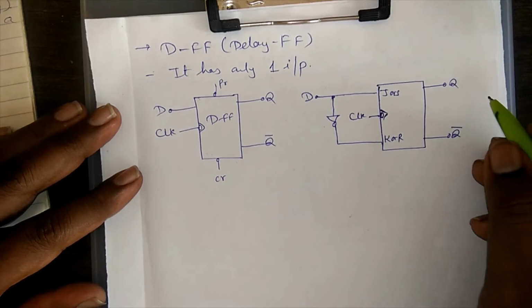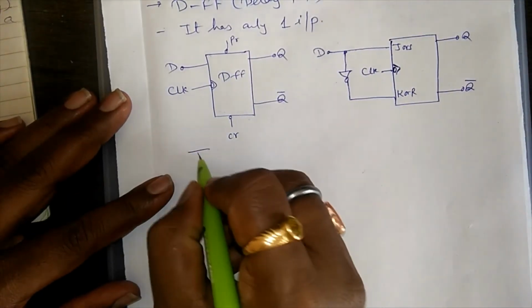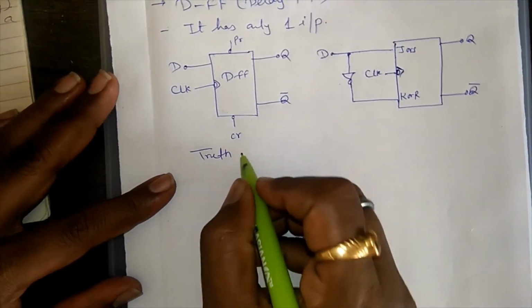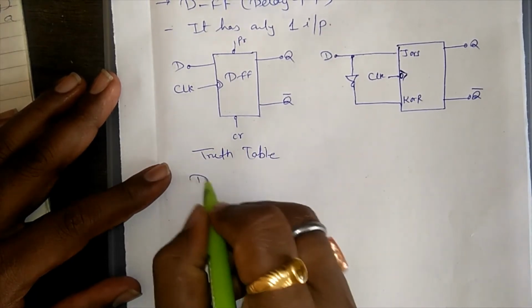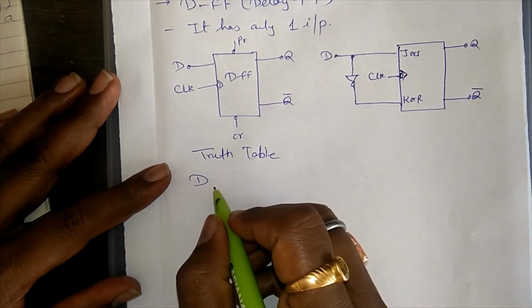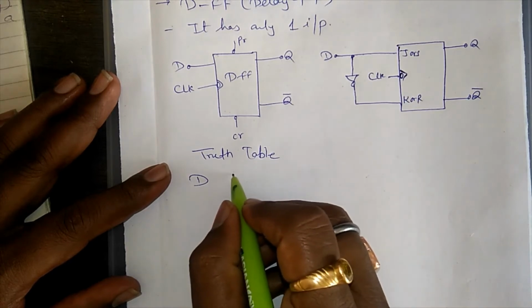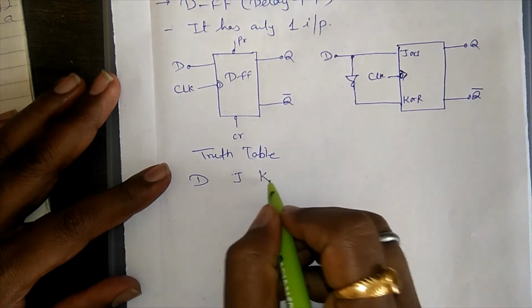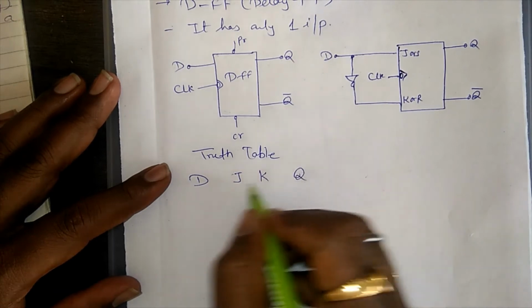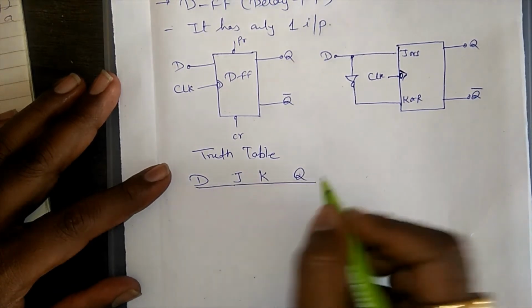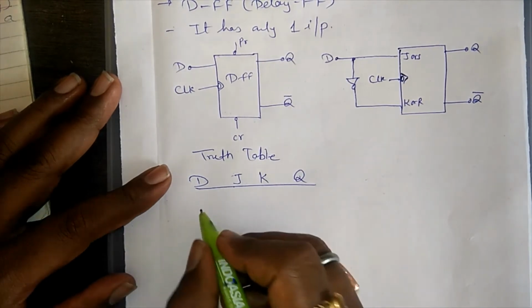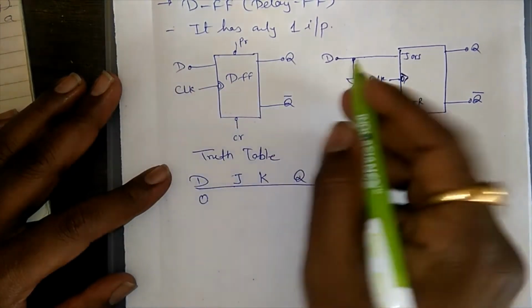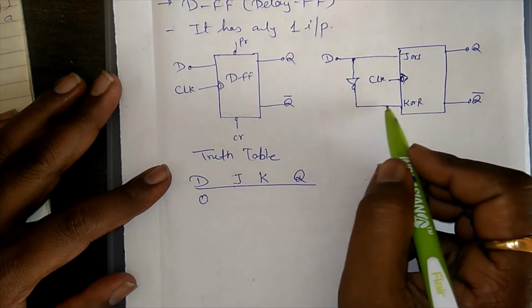Now the truth table. Input D, J, K and Q. As we have taken J, K here, that's why we are studying them. When D is 0, only one input is there, and it is divided into two parts.